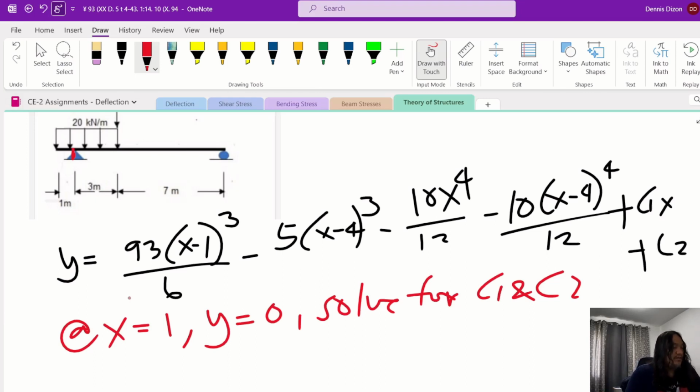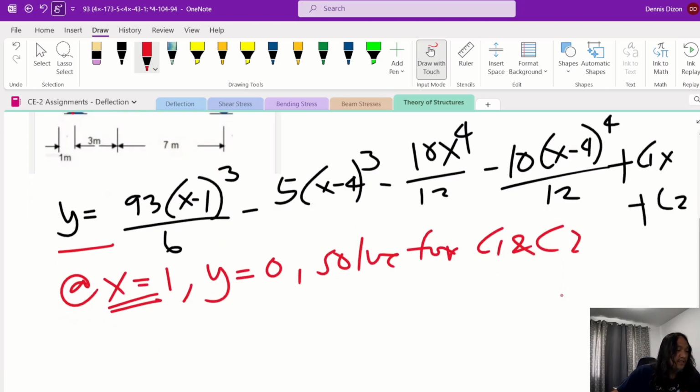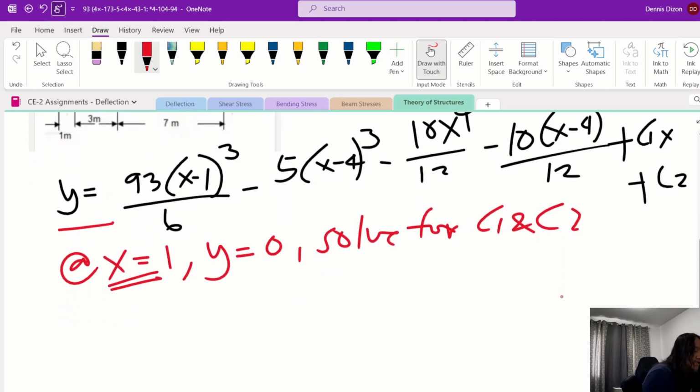So we will substitute first the value of y in this equation, substitute the value of x, which is 1, and then get the first equation for C1 plus C2. So at x is 1, 1 minus 1 is 0, so our first term would be 0, and then minus 5 times x minus 4 cubed.